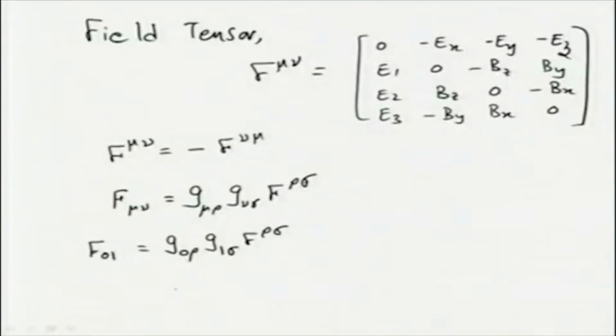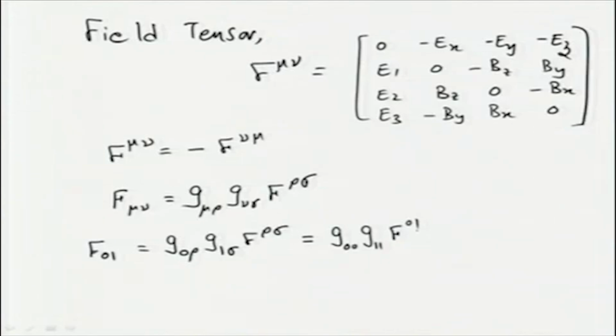So if one index is 0, the other index must also be 0 for it to be non-zero. So G 0 0 is 1, and G 0 with any other index vanishes. If rho is not equal to 0, the first G is going to be 0. Therefore, the only non-vanishing term is G 0 0 with rho equal to 0 and sigma equal to 1.